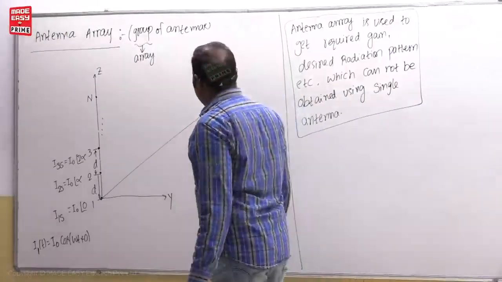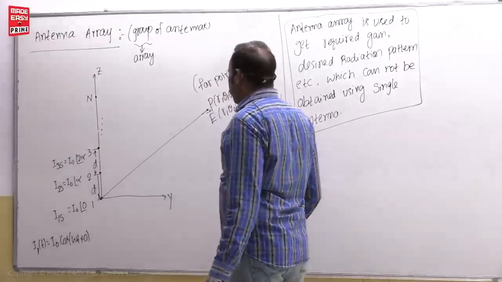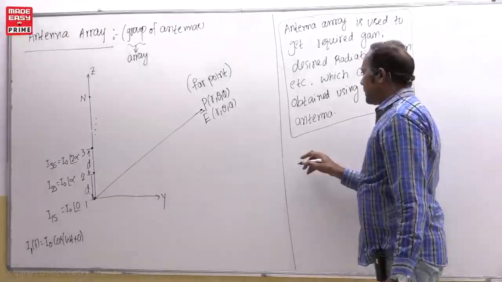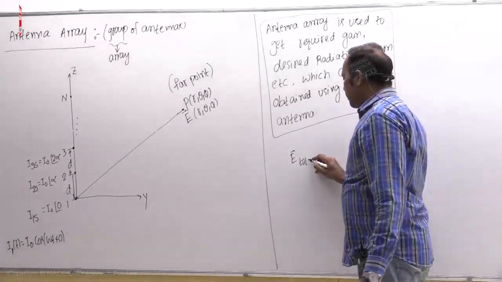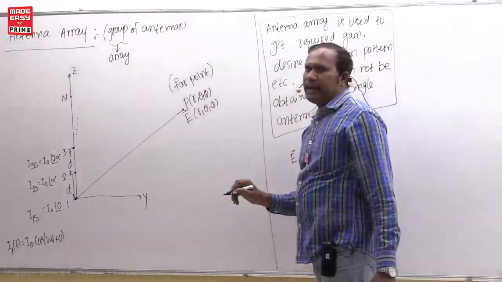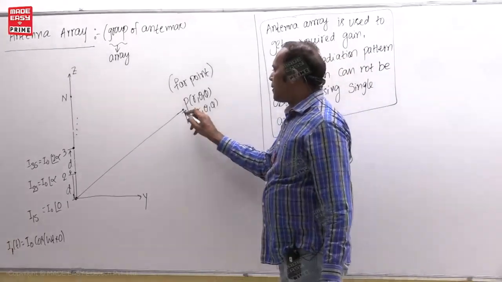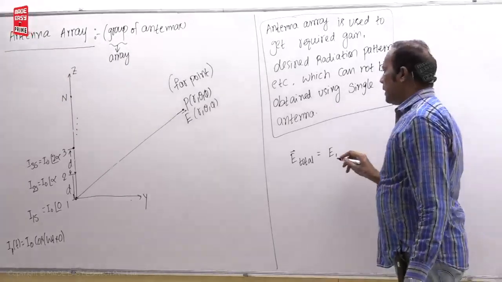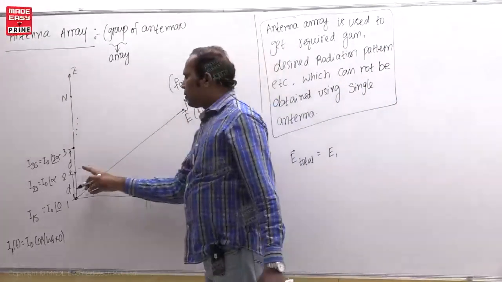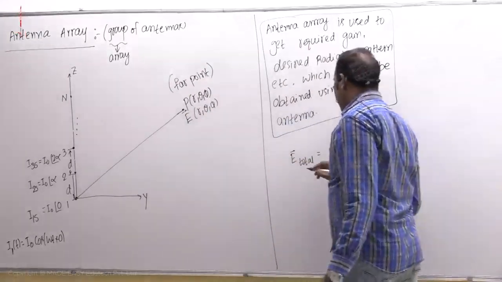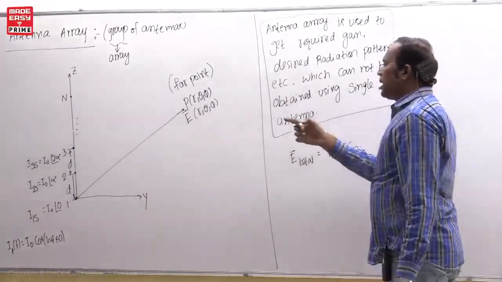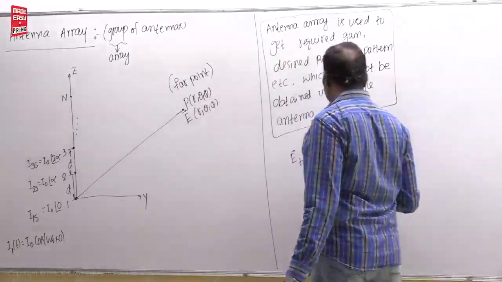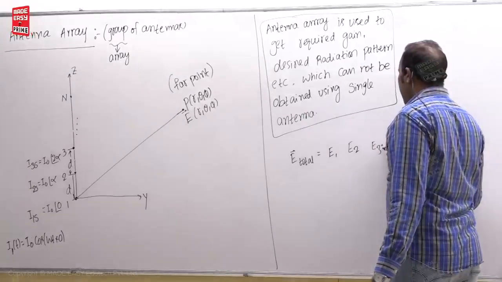Now here, what is the total electric field intensity at this location? E total is equal to, electric field is linear. Find electric field at this location due to first antenna, call it E1. Then find electric field here due to second antenna current, call it E2. Similarly, due to third antenna, call that E3, and so on.